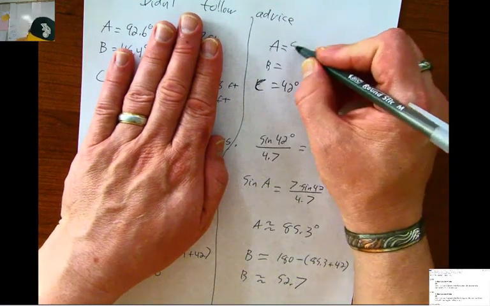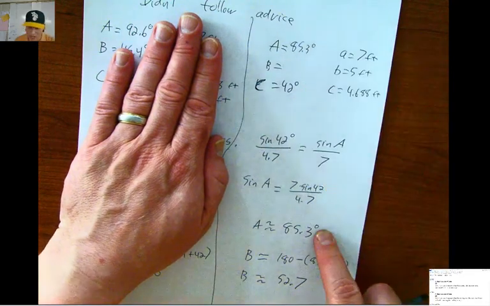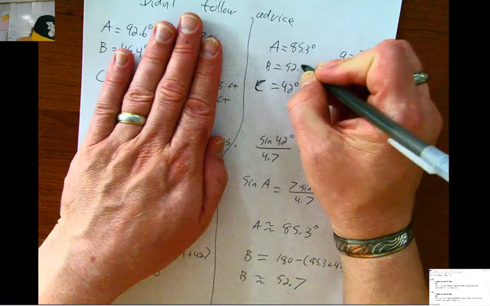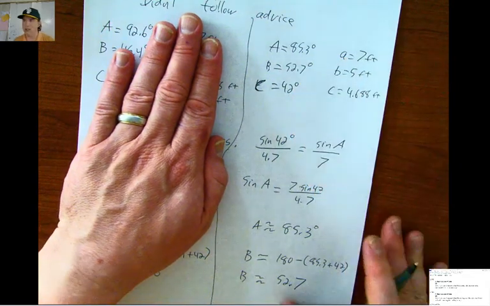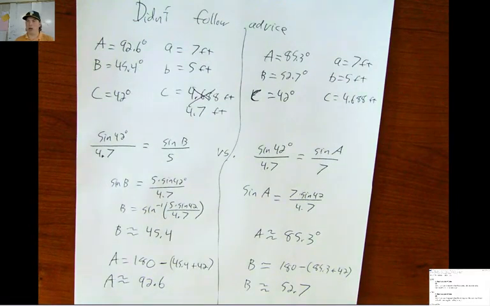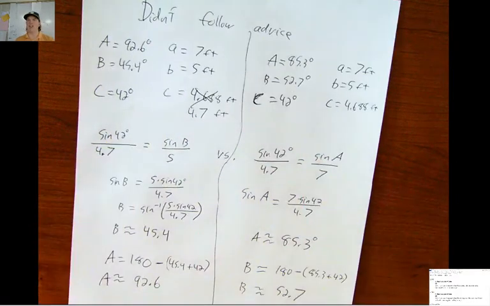So A is 85.3 degrees. And then I do the 180 minus the sum of those two, and I get 52.7 degrees. Hold on. I did the same work, but I got two different answers. Uh-oh, how do you know which one's right?